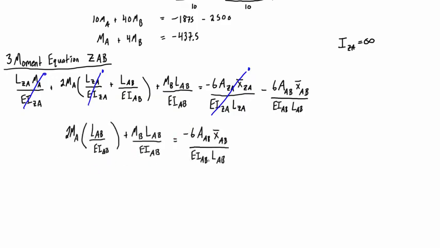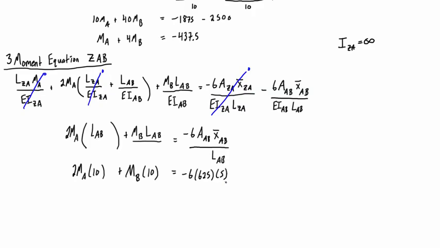All right, so let's rewrite this without the terms that we've crossed out. Because EI is in every single denominator on both sides of the equation, we can just cancel it out, and we're left with a much simpler expression. So we fill this in: 2MA times LAB, that was 10, so 2MA times 10, plus MB times LAB, also 10, minus 6 times 625 times 5 over 10.